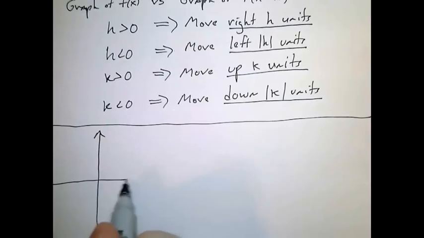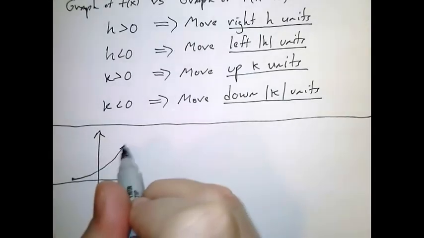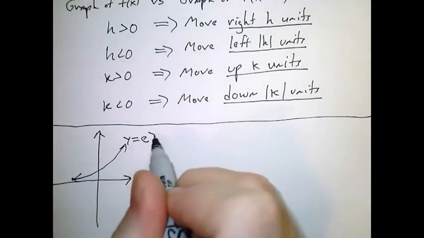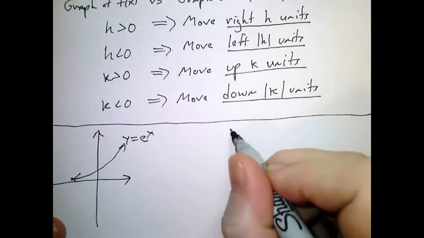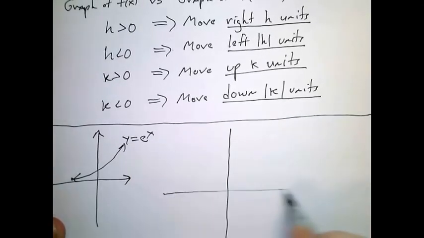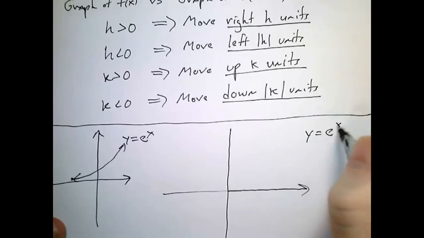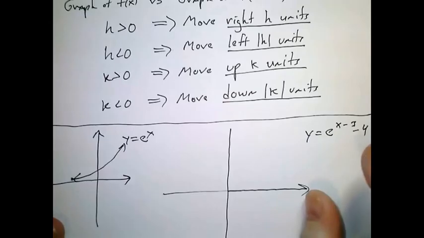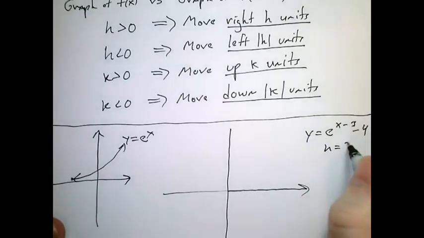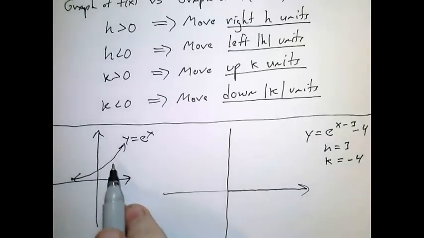Here was our y equals e to the x, and then over here we want y equals e to the x minus 3, minus 4. So h is 3 and k here is negative 4. So that means I'm going to move this graph to the right 3 units and down 4 units.